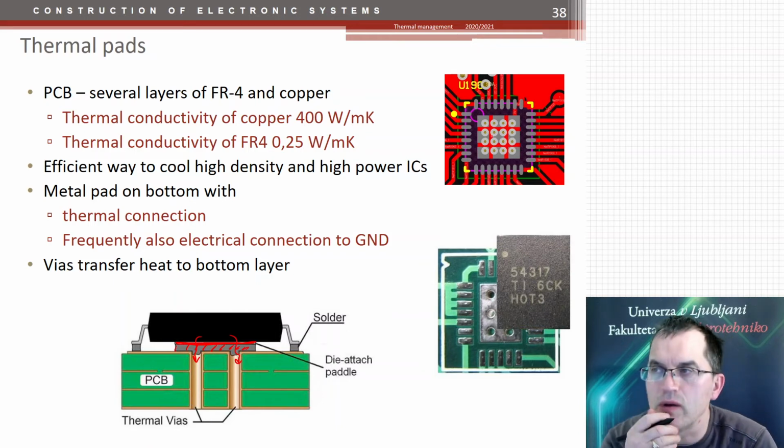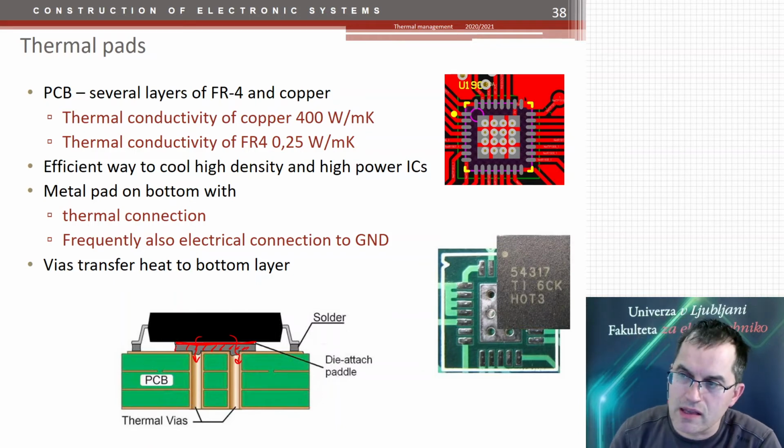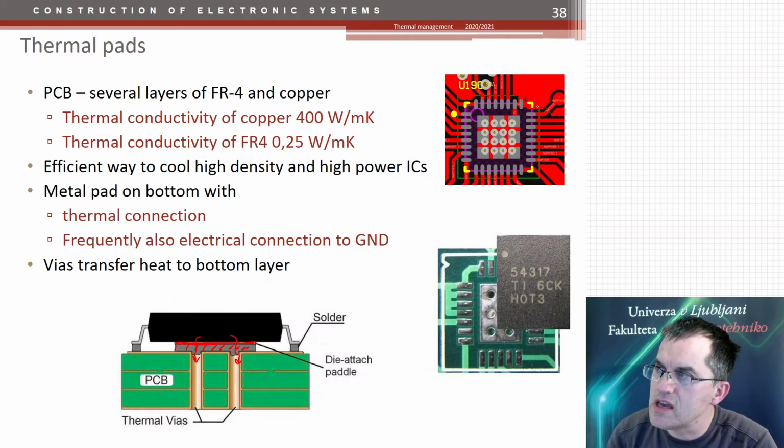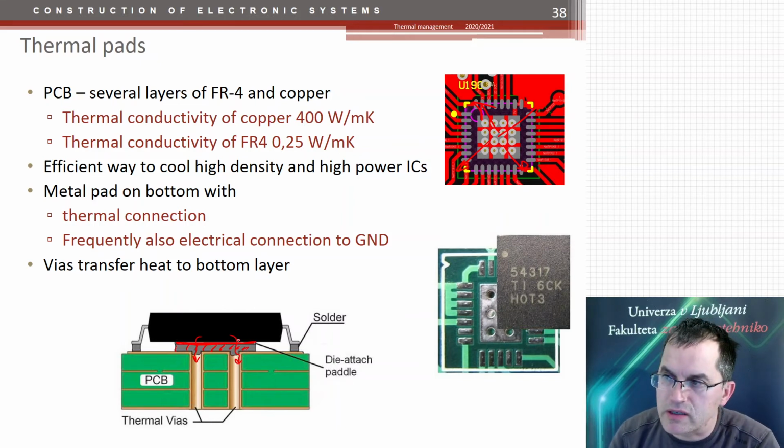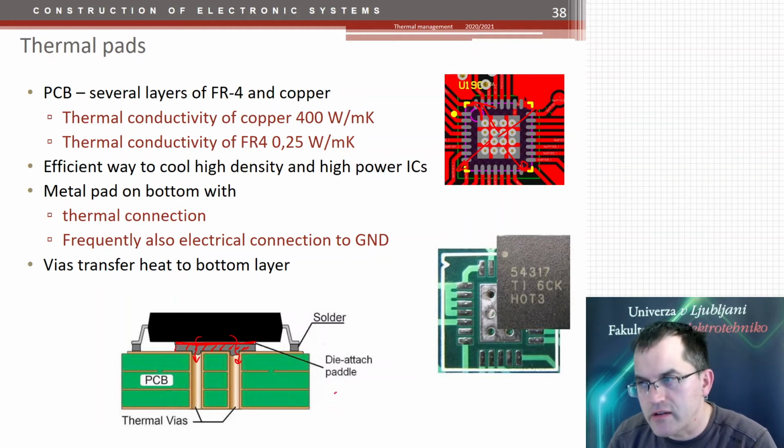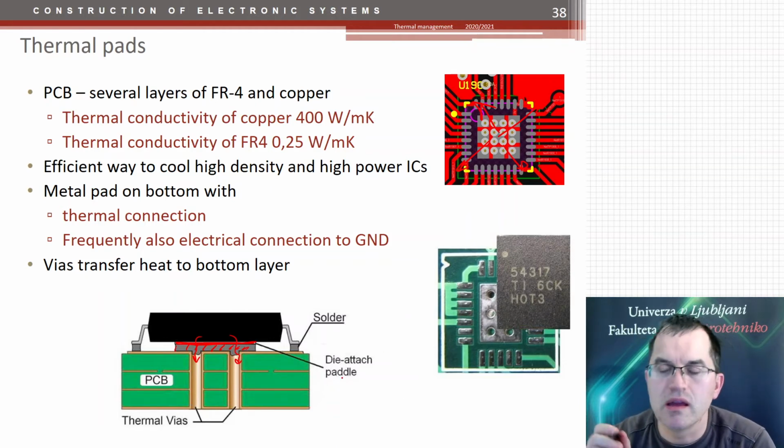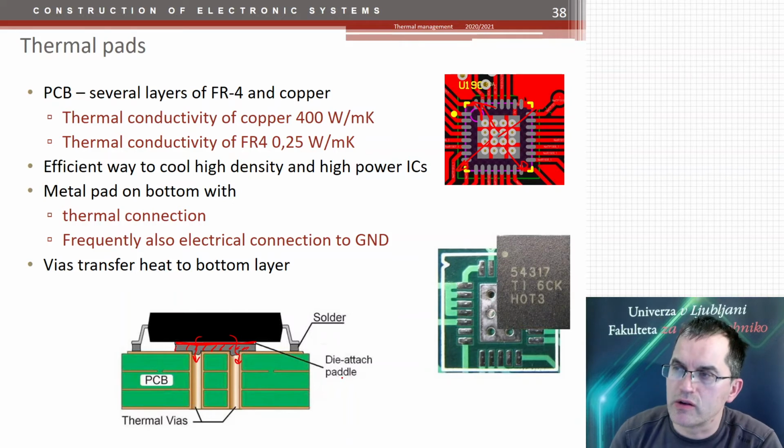And these are thermal wires here. These thermal wires then conduct heat to the bottom layer, because as you see here, you cannot afford to have a continuous copper plane on top, because you have a component to be connected with the traces. So you cannot transfer the heat directly on the top layer. You have to transfer it first to the mid and bottom layers, and there you have to provide space or area of copper to transfer heat horizontally.